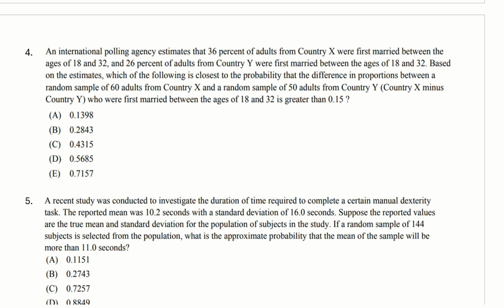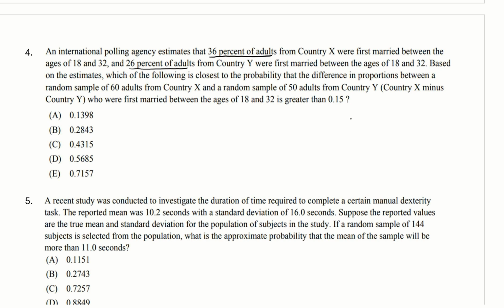Number 4: an international polling agency estimates that 36% of adults from country X were first married between the ages of 18 and 32, and 26% of adults from country Y were first married between the ages of 18 and 32.